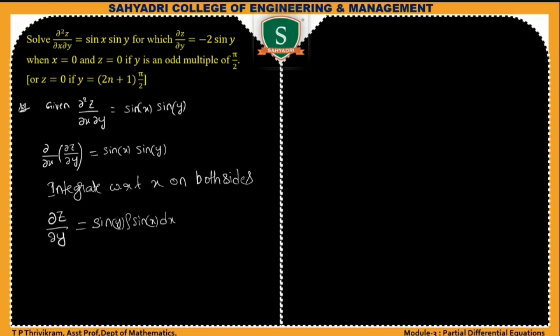So dou z by dou y is equal to sin y times the integration of sin x, which is minus cos x.